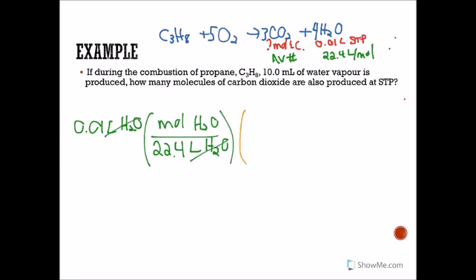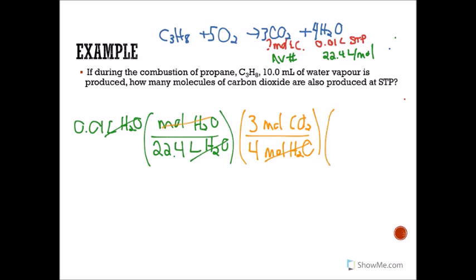Once you've converted it to moles, we do our next step of using our molar ratio. We have moles of water on top. We need to make sure we put moles of water on the bottom. And we are looking for moles of carbon dioxide, so we have 3 moles of carbon dioxide.